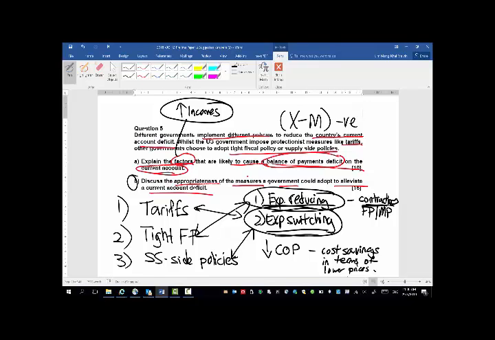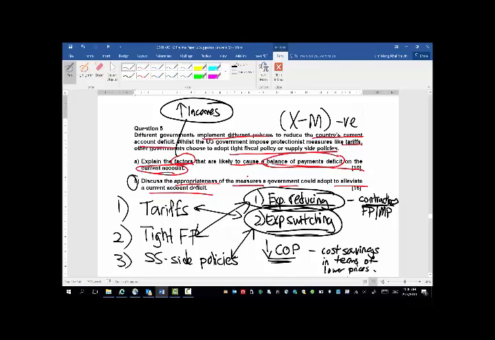Likewise, also for your foreigners, if your cost of production is now cheaper, your price is cheaper, they might choose to buy more of your exports. This is if we talk about cost of production.